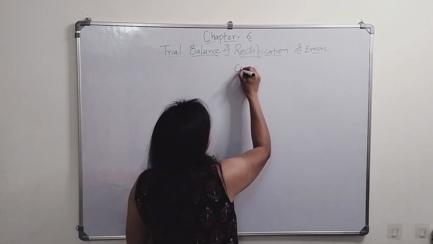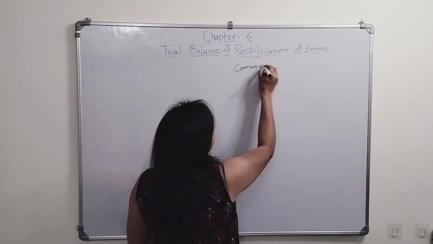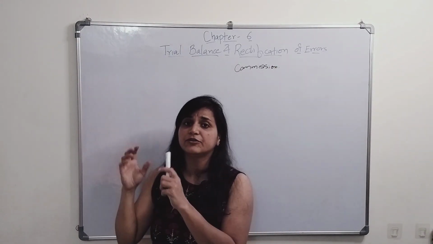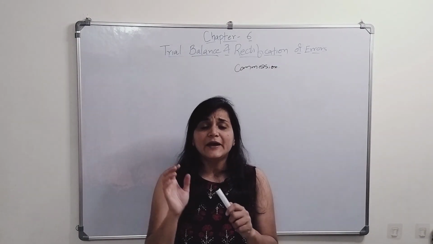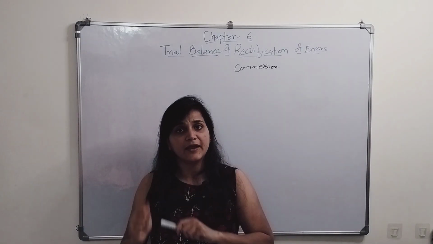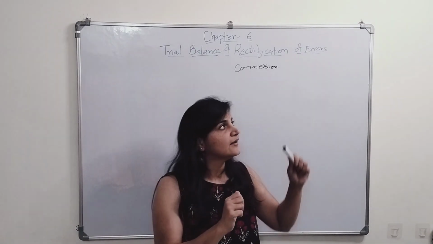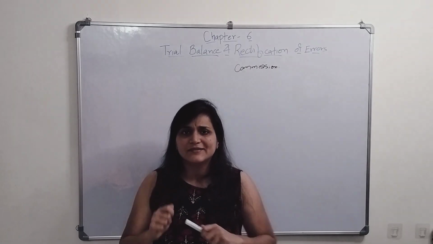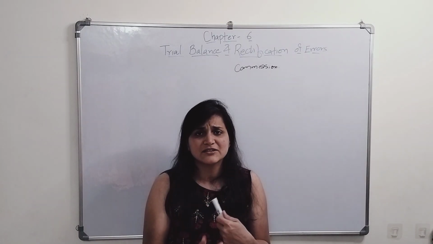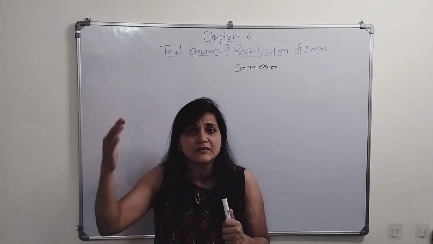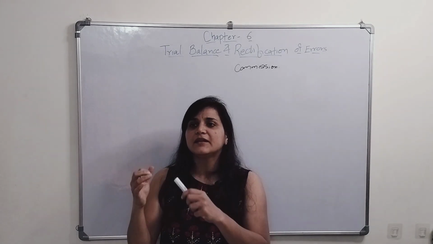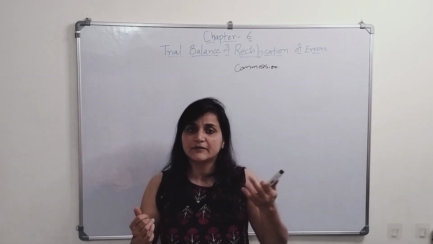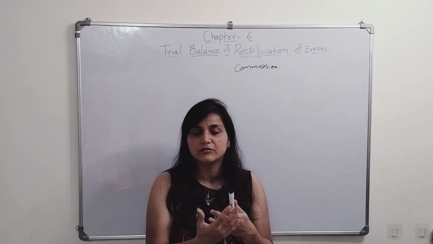Error of commission. When I say error of commission, it means I have recorded that particular transaction, but I have committed an error while recording. It's not that I have not recorded it. I have recorded it, but by mistake I have undercasted or overcasted a certain amount, or in the ledger account when I am totaling, the balance is not proper.